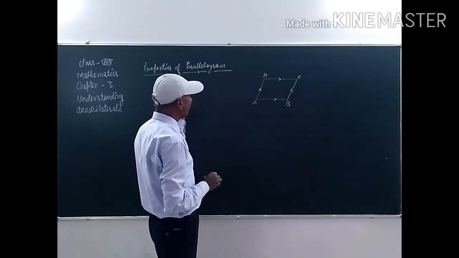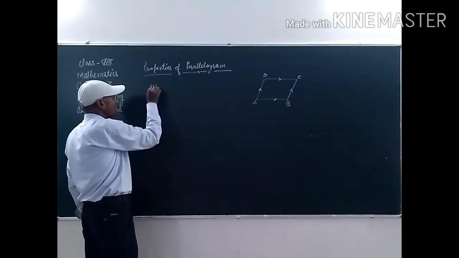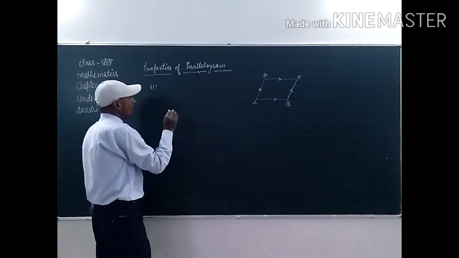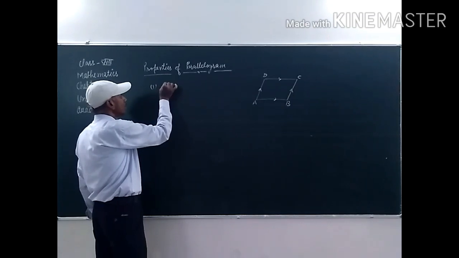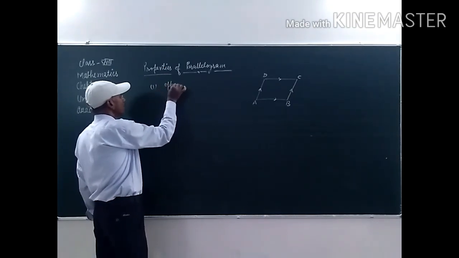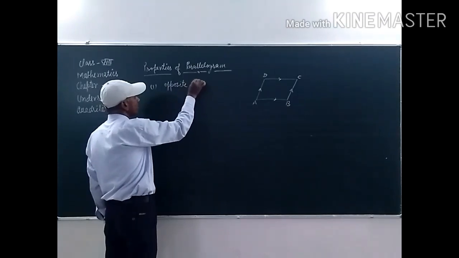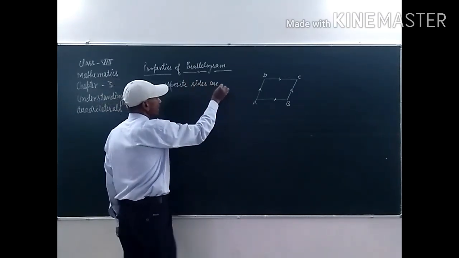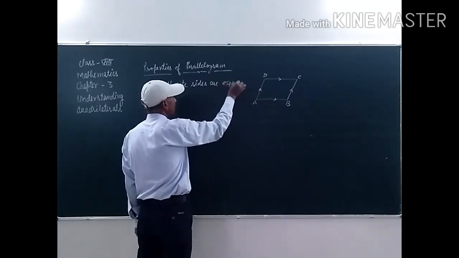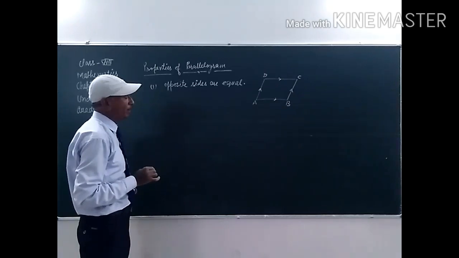Now, what are the properties of a parallelogram? First property of a parallelogram: opposite sides are equal. This one is the first property of a parallelogram.